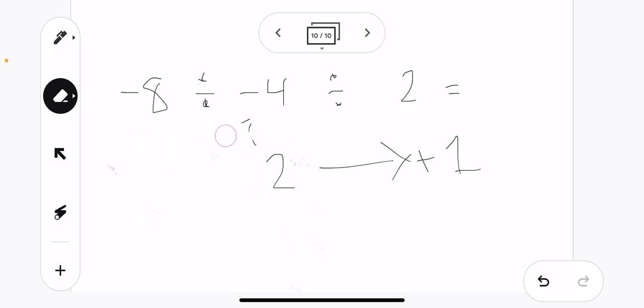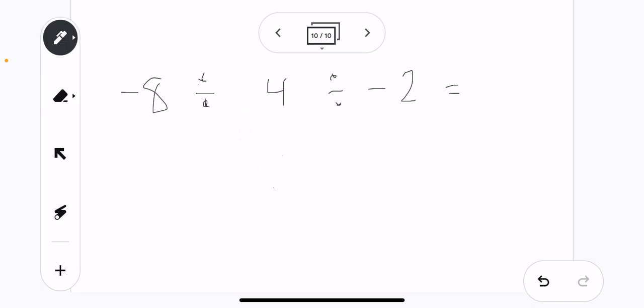But let's say you have a negative in the middle here. So negative 8 divided by 4, that's going to be negative 2. But a negative divided by a negative is going to be a positive. Positive 1.